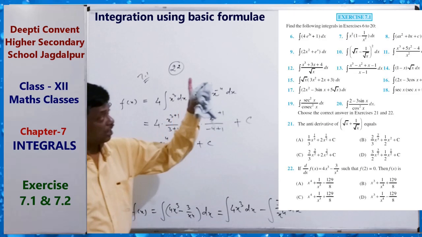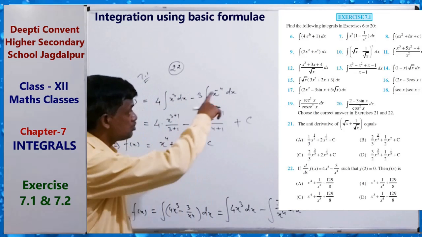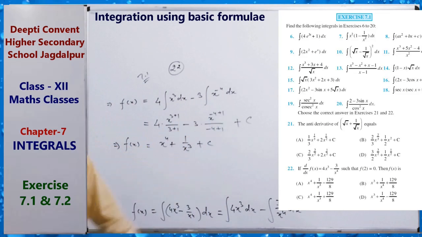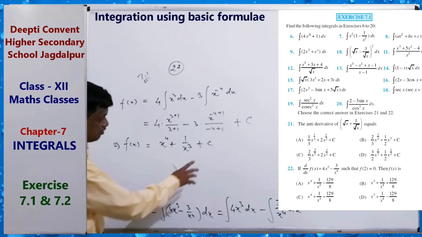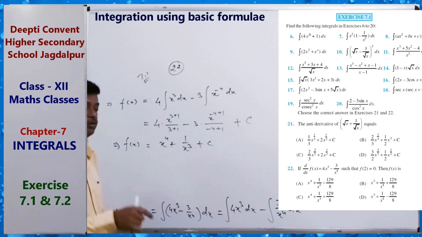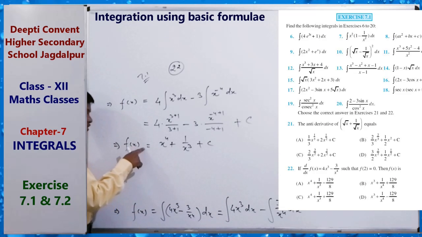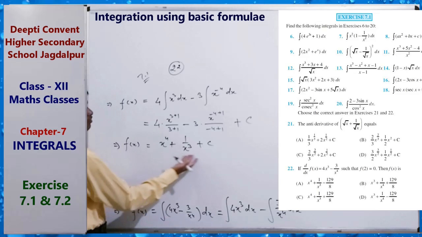Here we are also given a condition, f(2) equals 0. So apply this condition here, we can get the value of the constant, and then put the value of the constant here, we can get the value of the function finally.